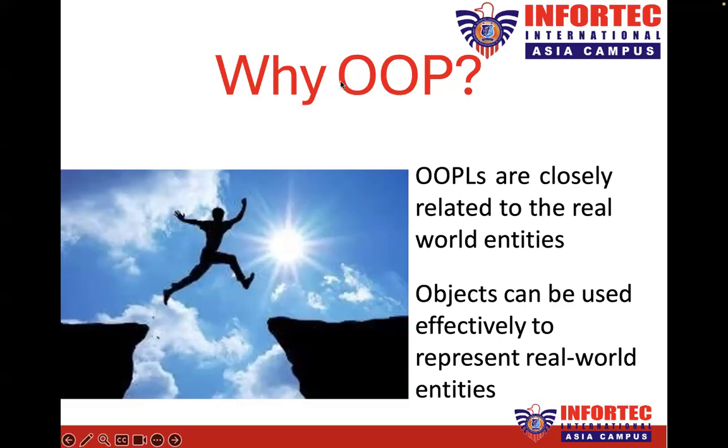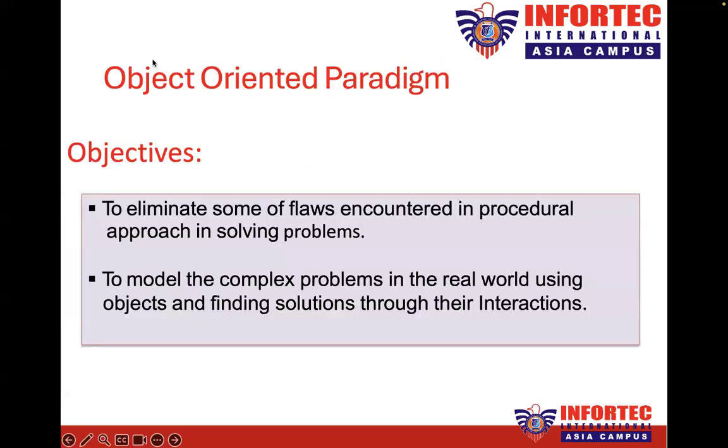So that is how we get into object-oriented programming. This is about the paradigm. Paradigm means concept, the concept we follow when we do object-oriented programming. We take real-world entities and we use them inside the program.